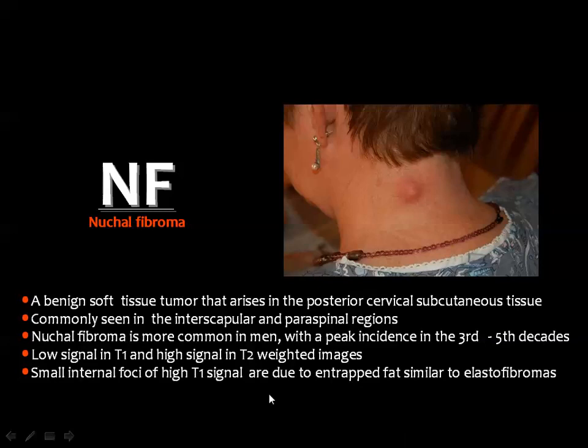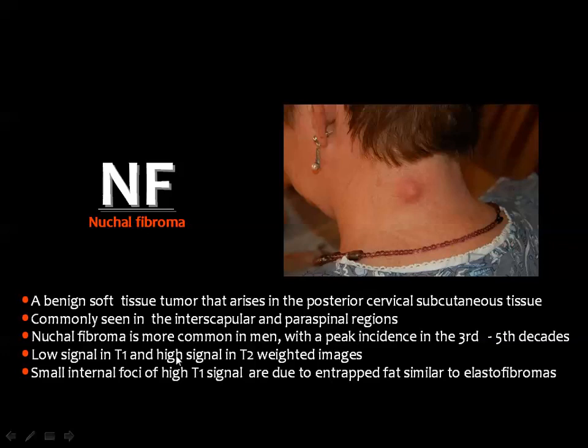Nuchal fibroma is a benign tumor seen in the back of the cervical spine or in the subcutaneous tissues, commonly seen in the interscapular region or paraspinal area, and they are common in men. They present between the third and fifth decade.